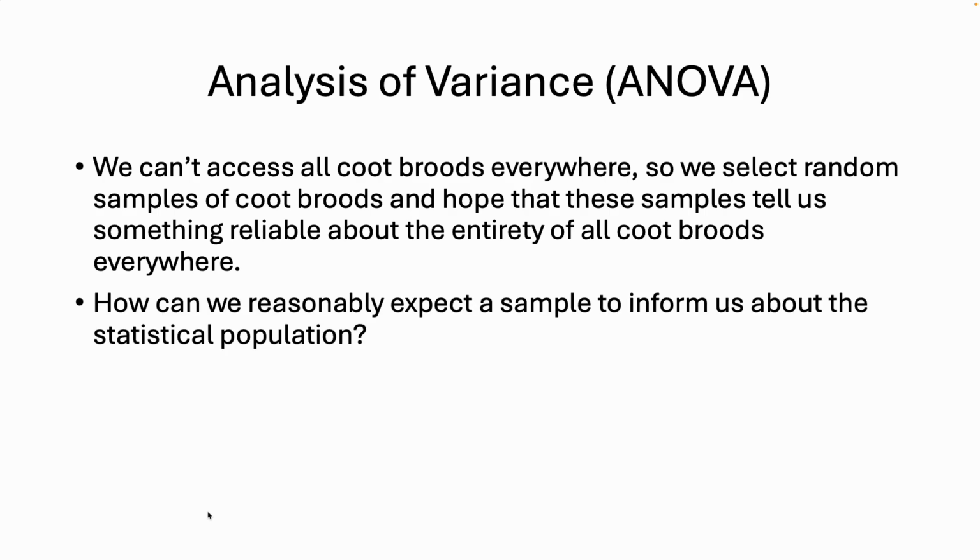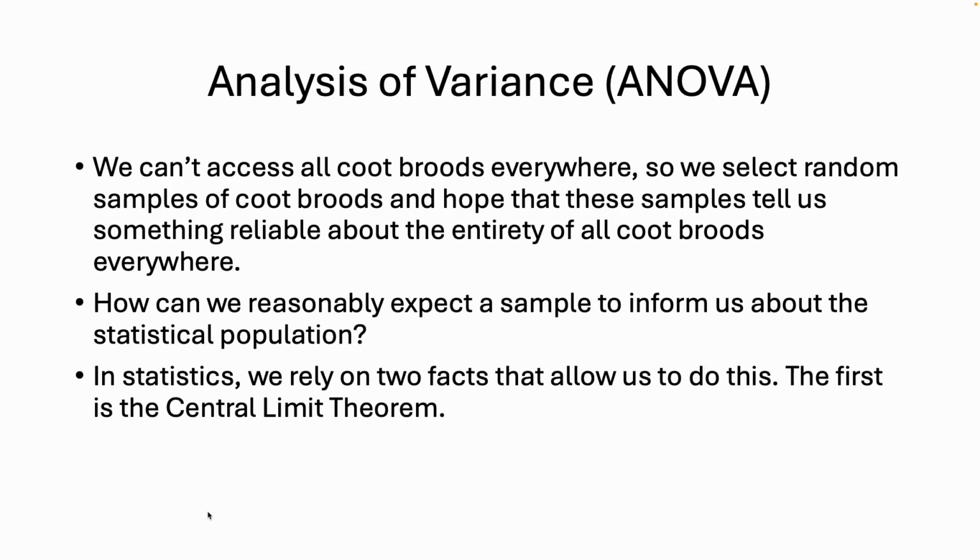So how can we reasonably expect to sample from a population and have that inform us about the statistical population? Well, we rely on two things that allow us to do this. The first of these is the central limit theorem, and the second of these is the empirical rule. So these are two crucial ideas that you need to understand when thinking about statistics.